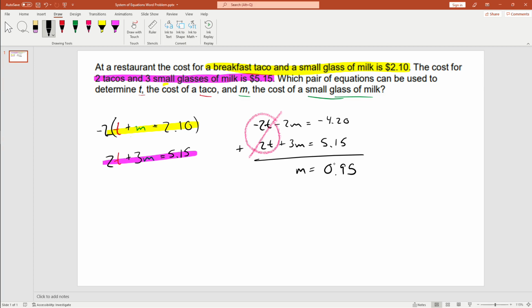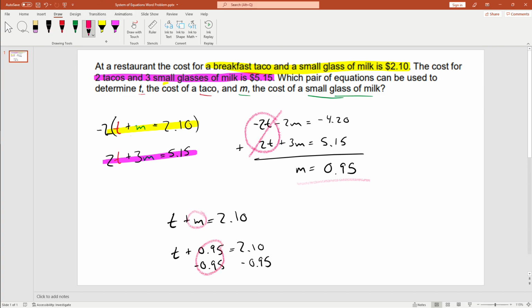If T plus M equals 210, and this value right here, M, is 95 cents, I can substitute that in for M. So we now get T plus 95 cents equals $2.10. If I want to solve for T, subtract 95 cents from both sides of my equation.